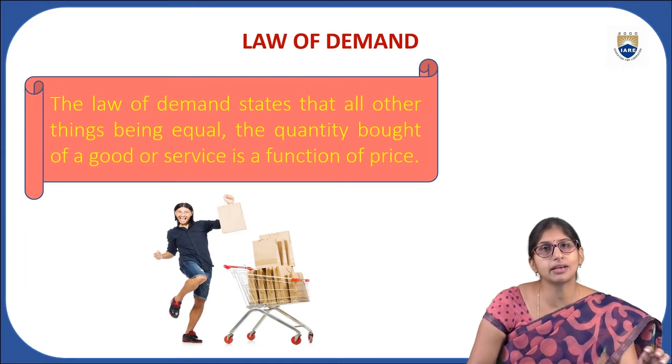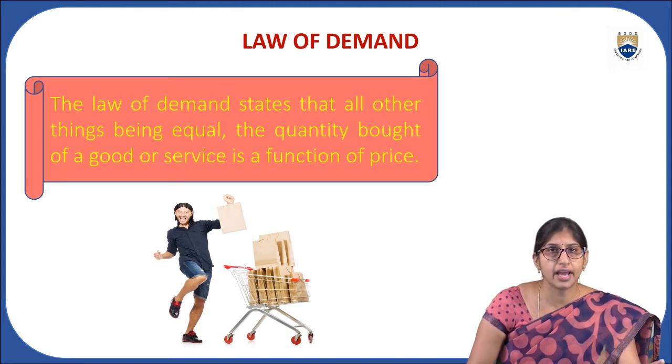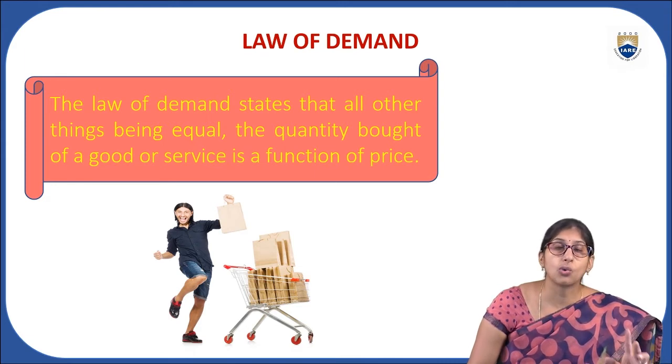So when all the rest of the determinants of demand are equal, we consider only price to see how demand reacts to that one particular determinant. If price is increasing, what is happening to demand?